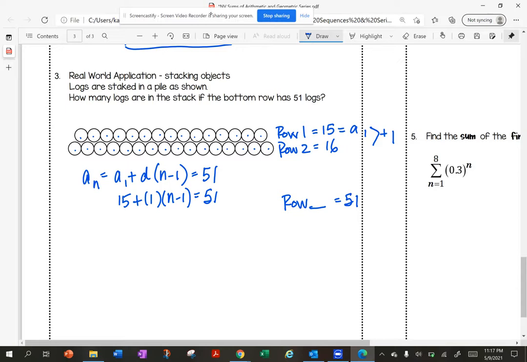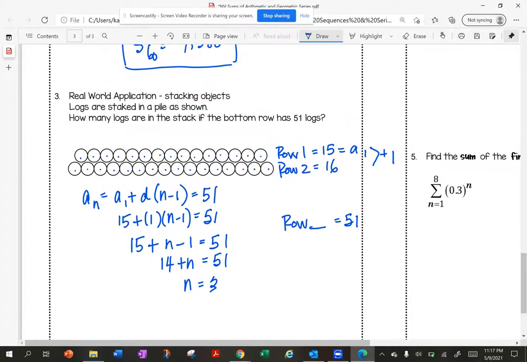The first thing I'm doing is distributing 1 across the terms. So 15 plus n minus 1 equals 51. I'm going to combine like terms. So 15 minus 1 is 14, plus n equals 51. And I'm going to subtract 14 from both sides. So I get n is 37. Okay, so I know I have 37 rows.